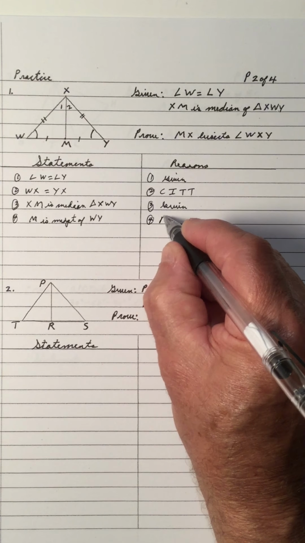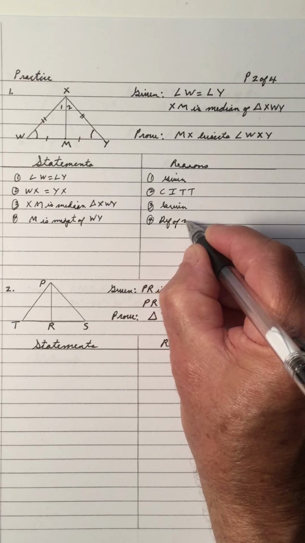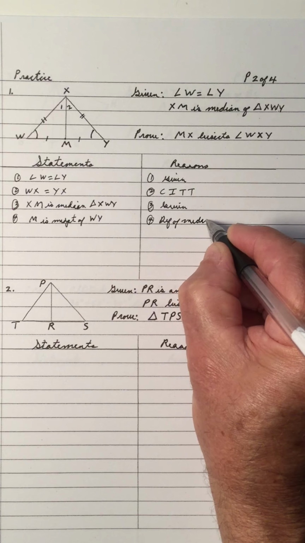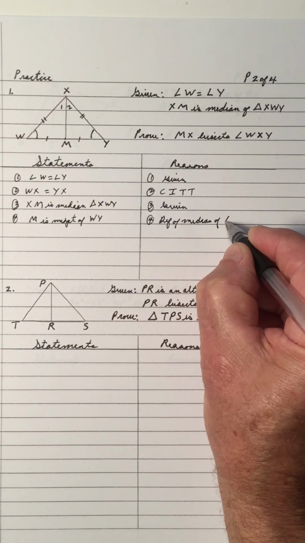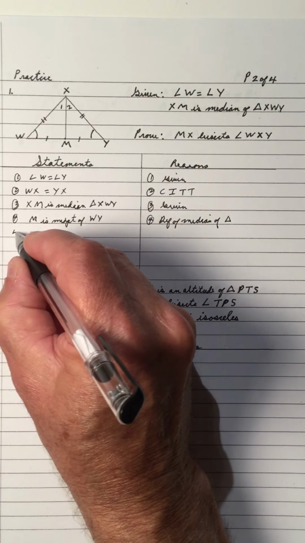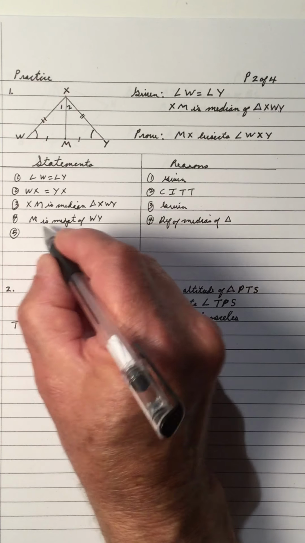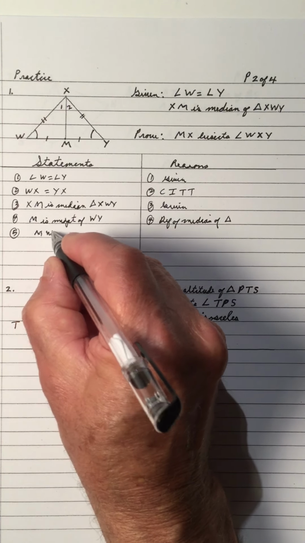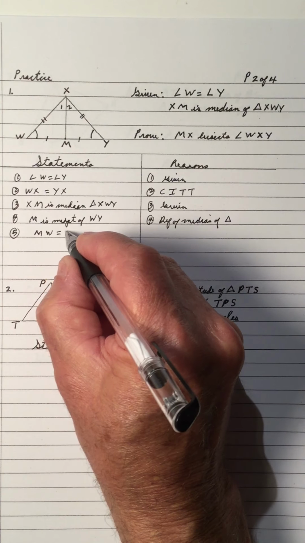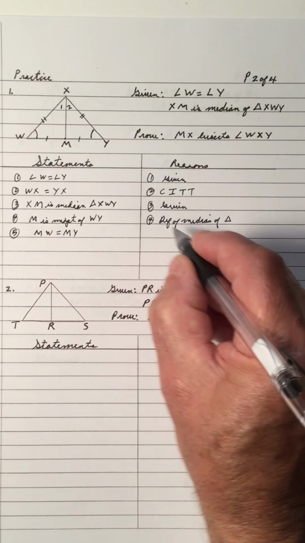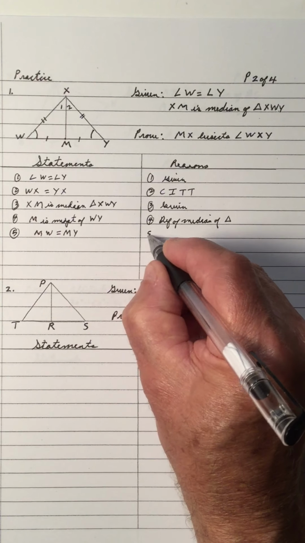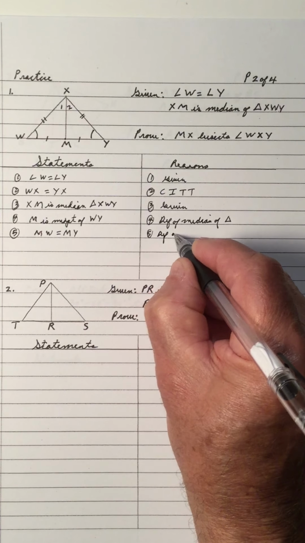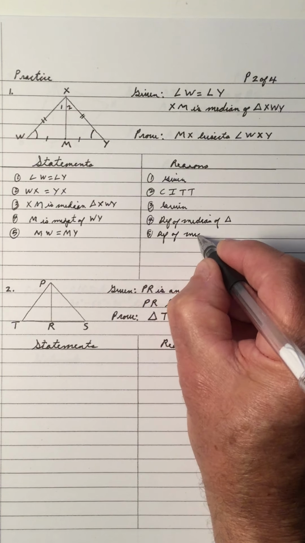So that's the definition of a median of a triangle. And because it's the midpoint, we have MW equals MY, and that's the definition of a midpoint.